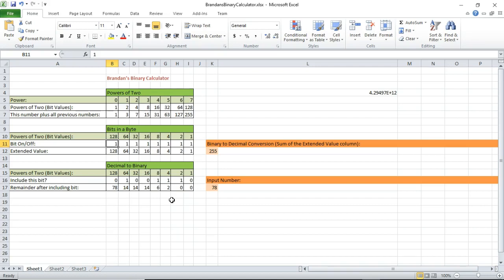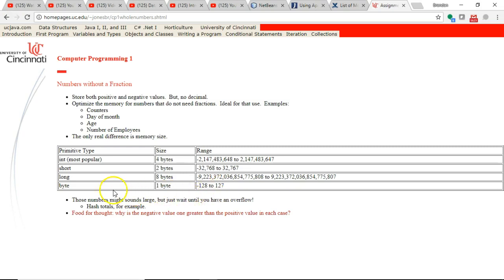Because that is reserved in Java, let's go ahead and mark that as a 0, and we see now the highest positive number we can store in a byte is 127 because we're reserving that leftmost bit for sign. Let's see how that corresponds on my diagram here. Sure enough, for a byte, the number range is negative 128 to positive 127.